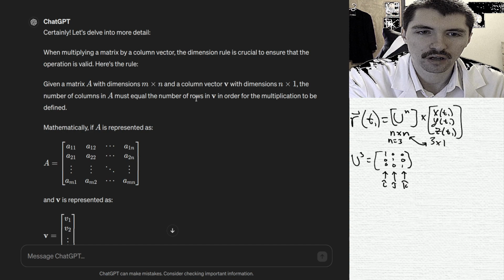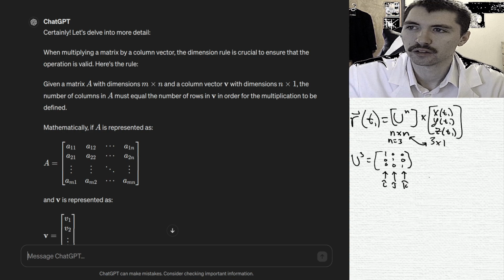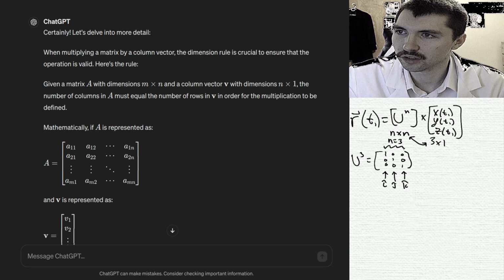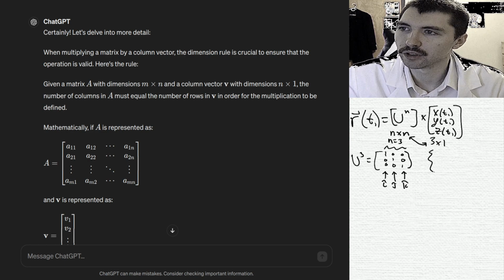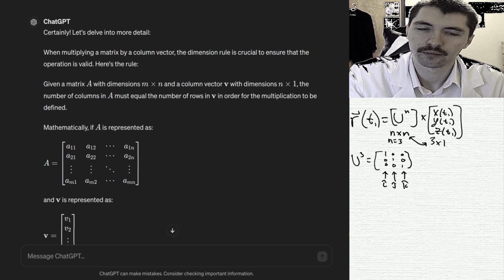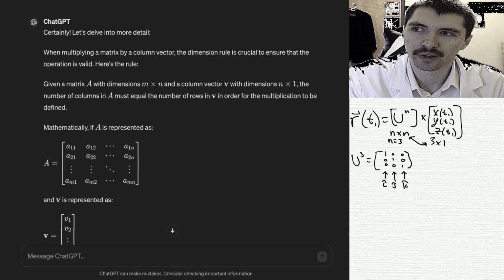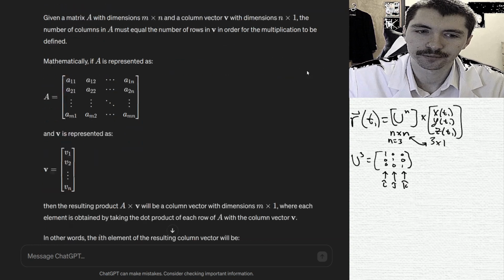So the columns of U of n, there's 3 columns, 3 rows, 3 columns. That has to match the rows of this. Otherwise, vector multiplication just doesn't work.